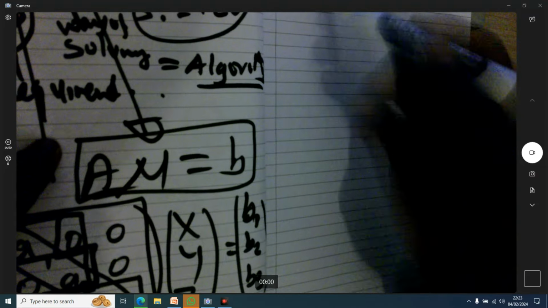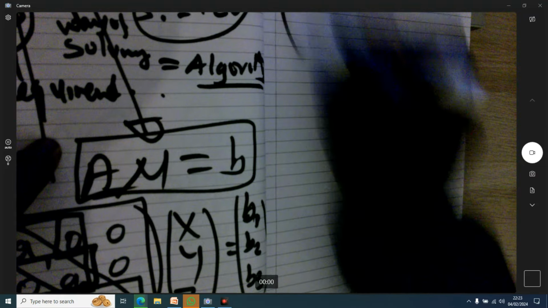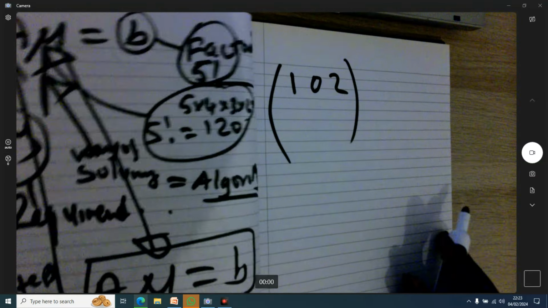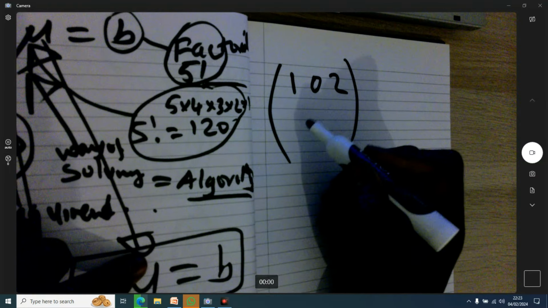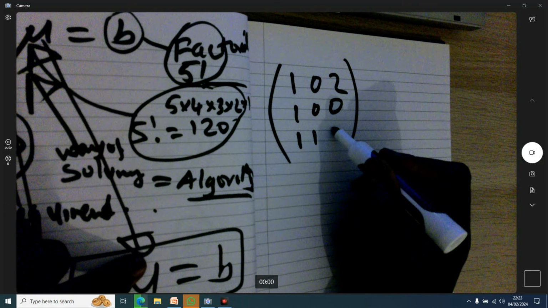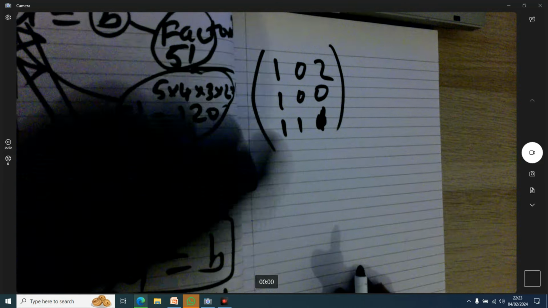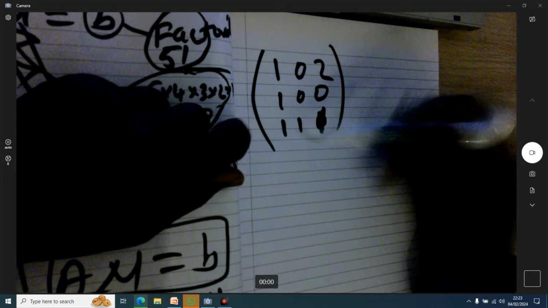For example, you may have a situation where the problem, instead of having just A, has something like 102, 100, 1, let's say 111. You see, now this problem is huge. The problem is found in the first dimension, the problem is found in the third dimension, and some of them are there in the second dimension, but it is widespread everywhere.